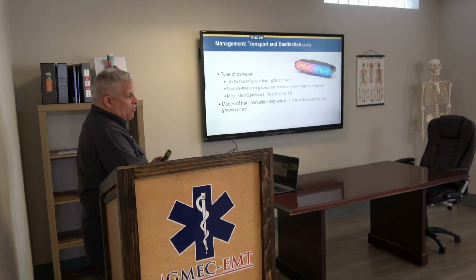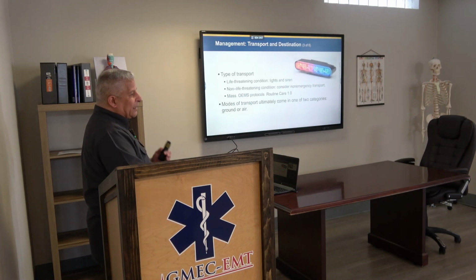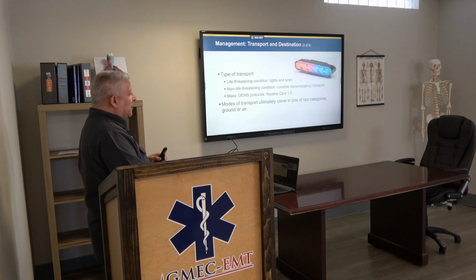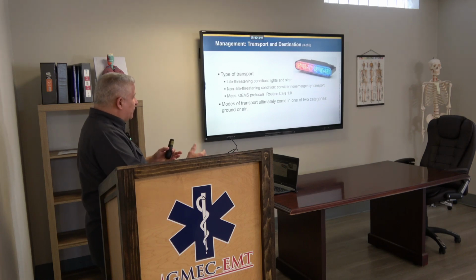If they're breathing properly and their vital signs are stable, there's no need to go lights and sirens racing to the hospital. And that's in the Mass OEMS protocols, routine care 1.0. There's no emergency, no lights and siren. If there is an emergency, then we use the lights and sirens to the hospital.